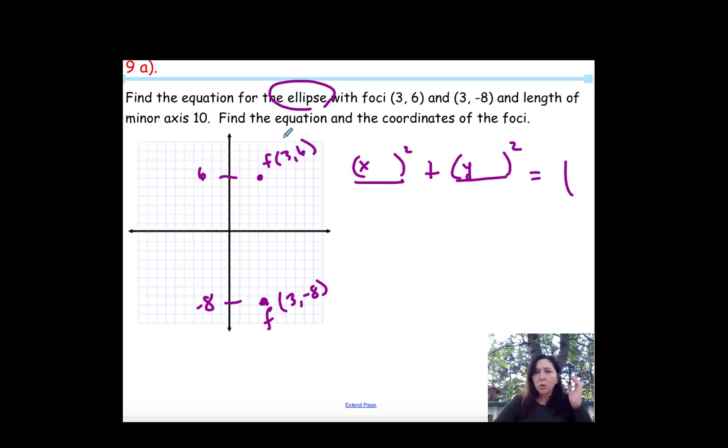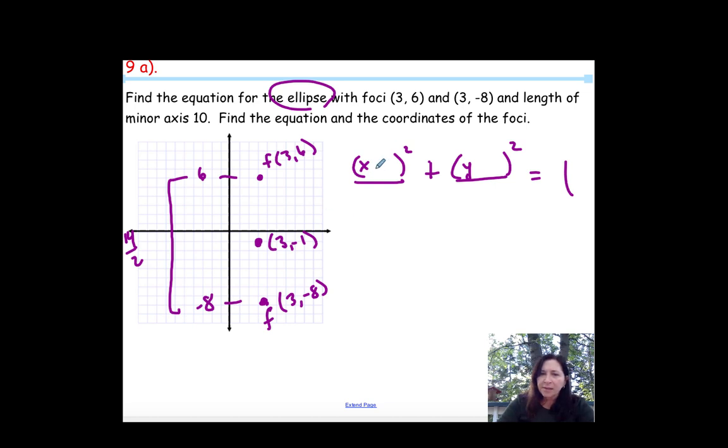All right, so we know that halfway in between our focal points is our center. So between here and here is 8 plus 6, which is 14, and half of 14 is 7. So I'm going to drop down 7. And this is going to put me right here at (3, -1). And that means that's my center.